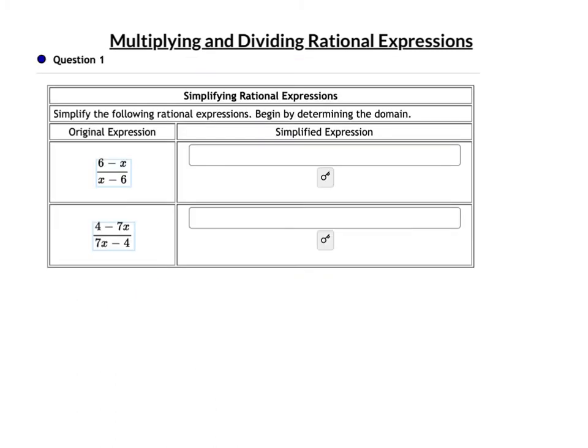Question 1. These are questions from your assignment. There's a trick here that I have not shown in the teaching. You're going to want to watch this. The trick is to realize that 6 minus x and x minus 6 are opposites. In fact, if you take 6 minus x and you pull out a negative, let's write this down, I'm going to pull a negative out, and the 6 will become negative, and the minus x will become plus x.